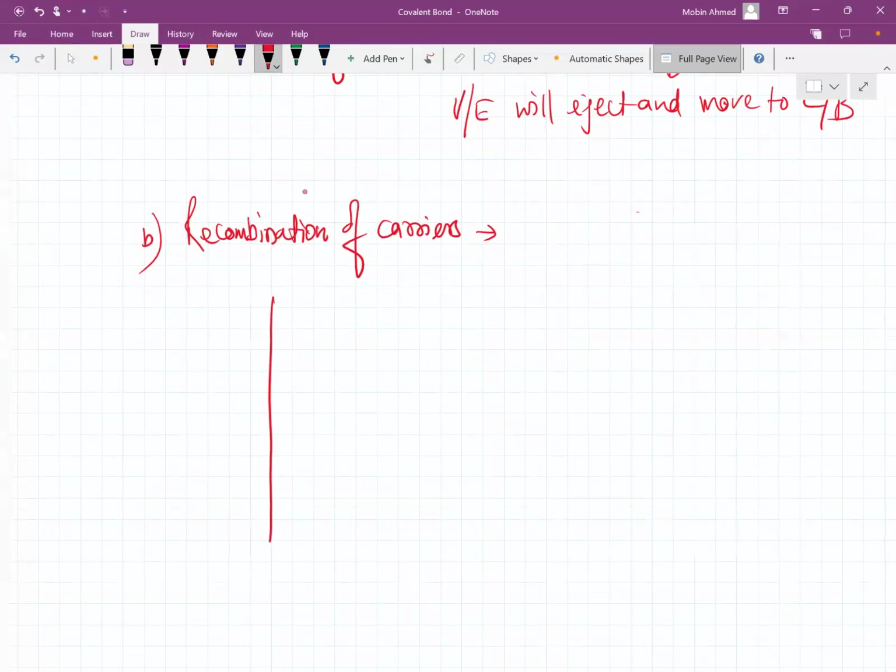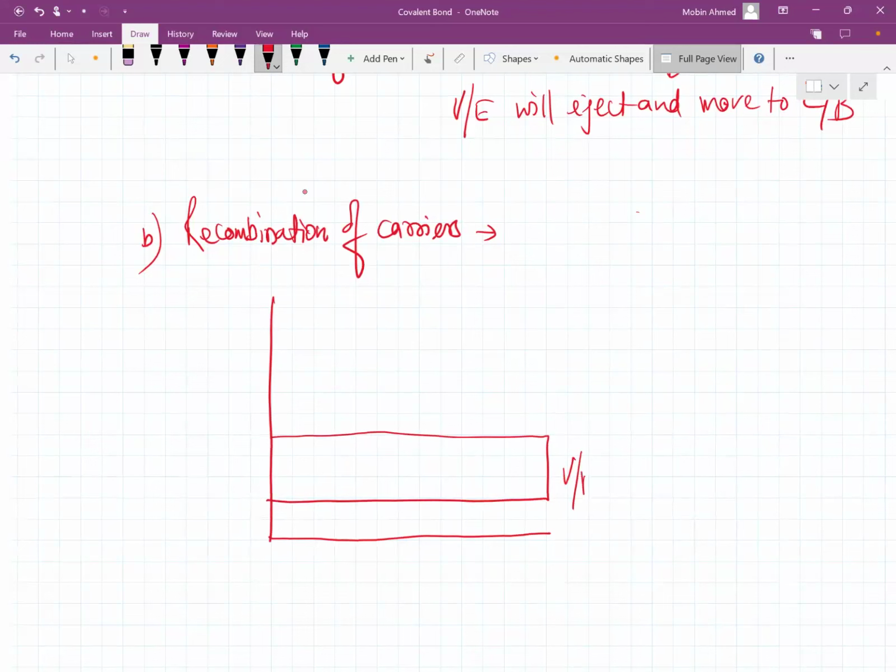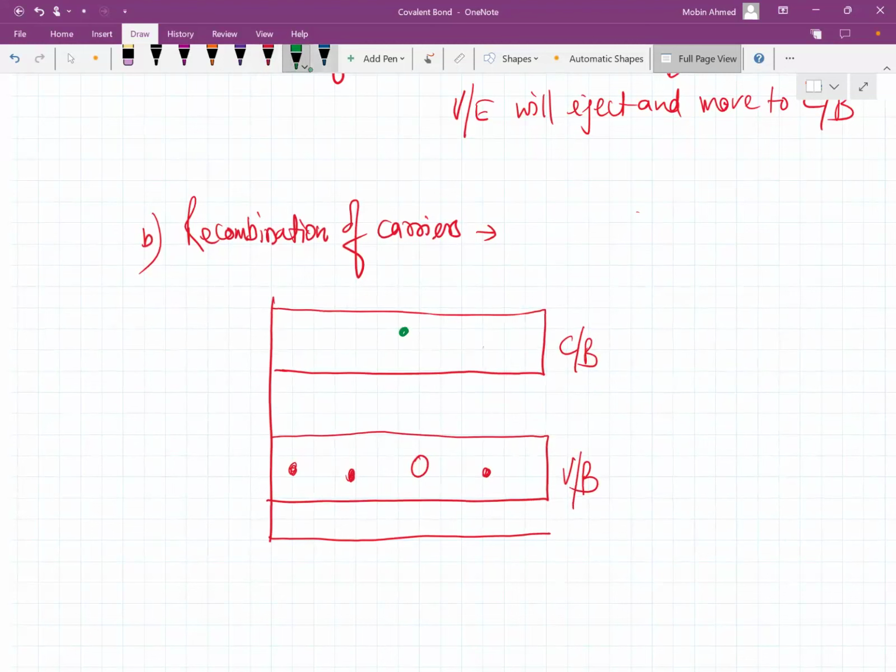If we see that, it is going to be like this. Suppose here we have the valence band and this is the conduction band. Suppose there are valence electrons, here we have the hole, and here we have a free electron.